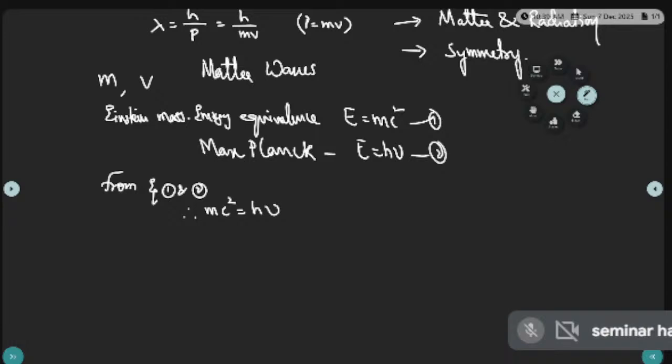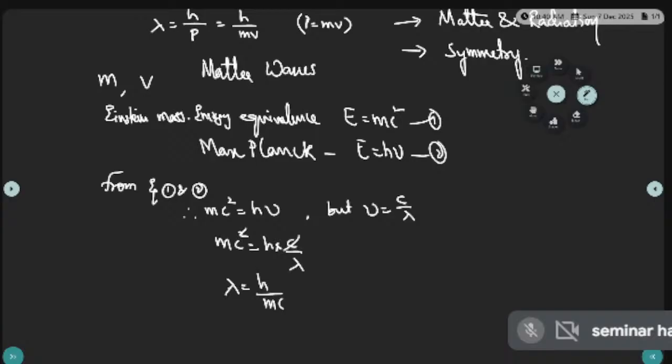What is nu? Frequency. Frequency is related to the wave, and mass is related to the particle. So the two are getting connected. But what do we know? The expression for frequency in terms of wavelength: nu is equal to c by lambda. So mc square is equal to hc by lambda, so lambda is equal to h by mc.